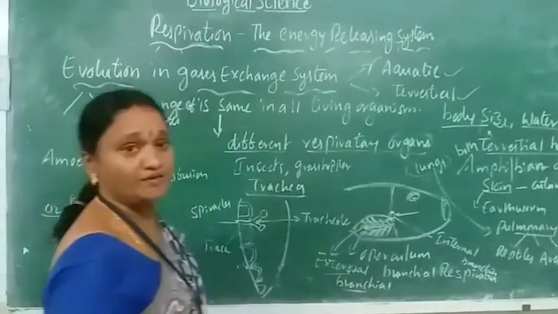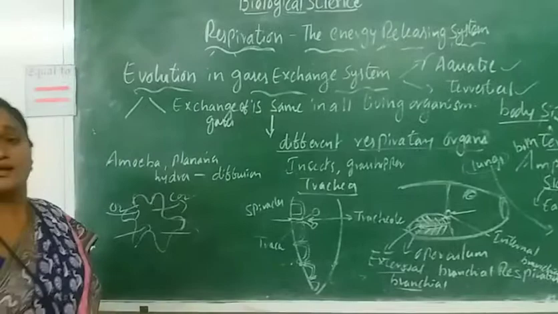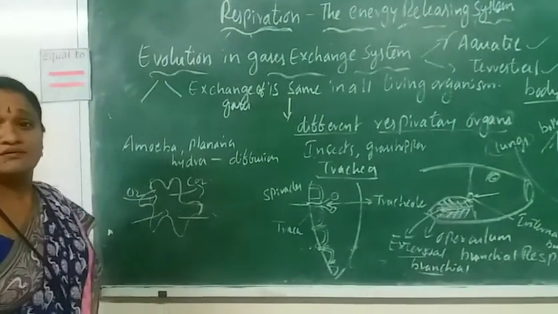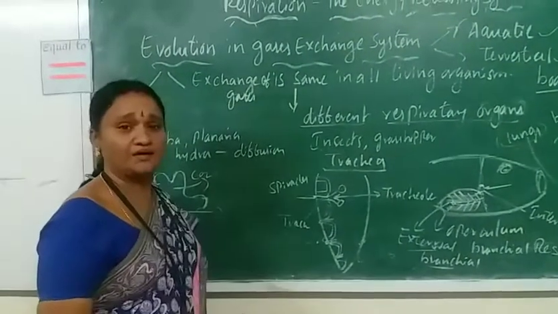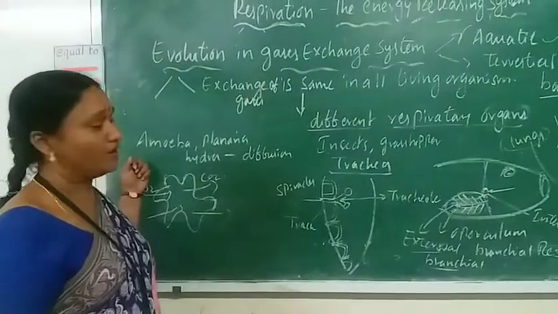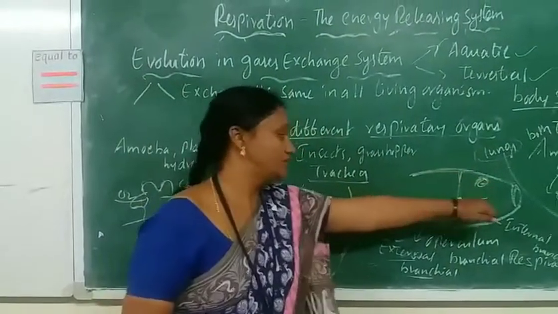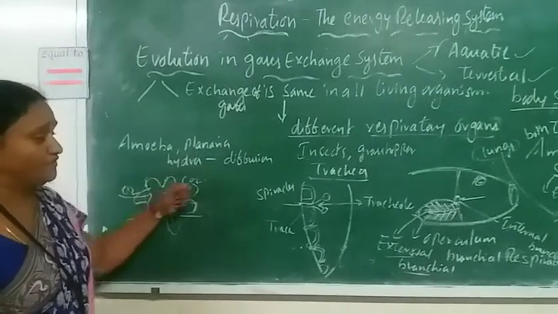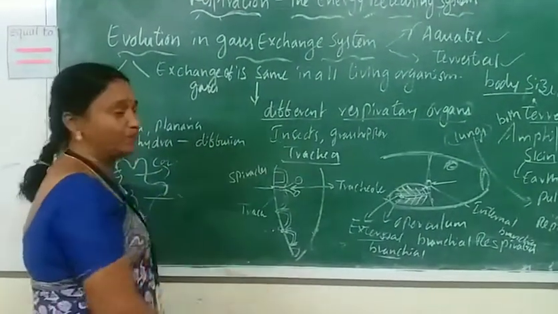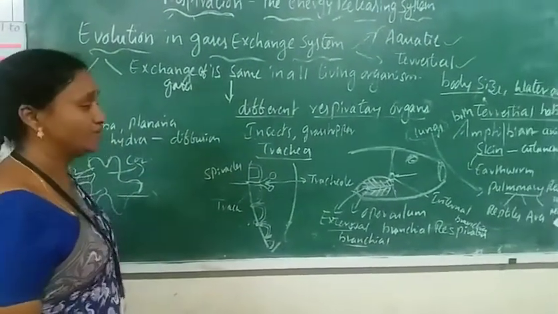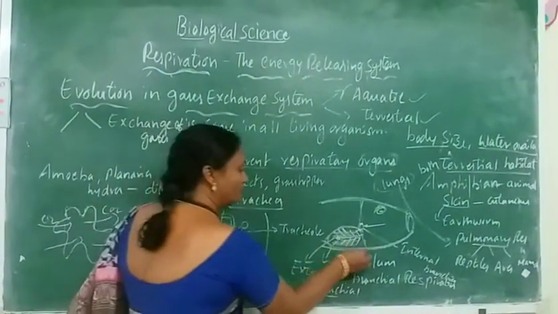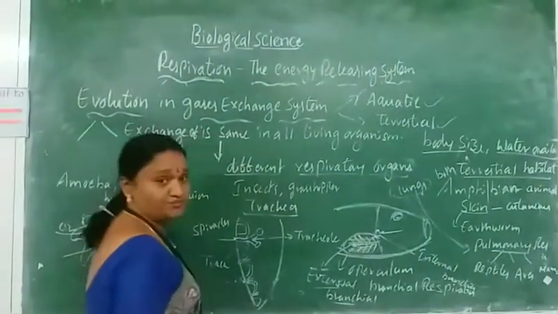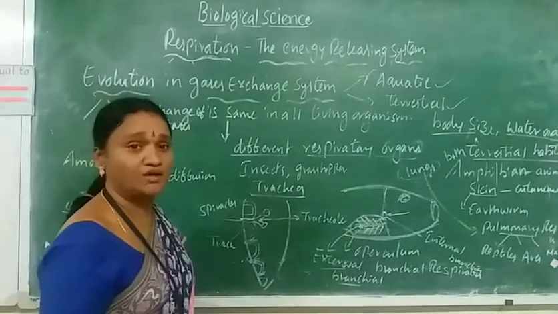In this way, we observe different respiratory organs from amoeba to the higher groups of animals. In amoeba, simple diffusion occurs. In insects, the trachea helps in the exchange of gases. In fishes, respiration occurs through the gills.